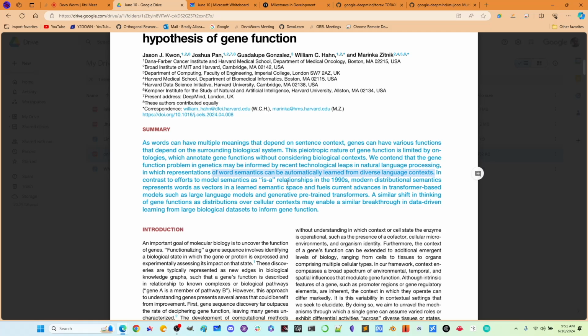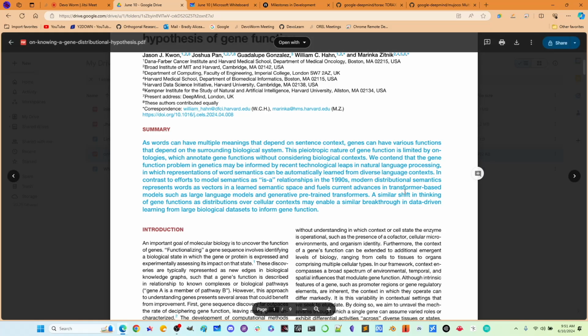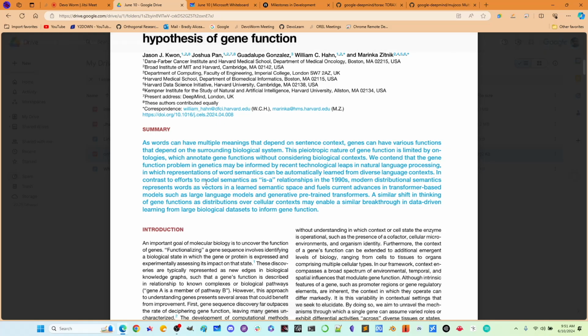And so we want to develop a sort of biosemantics. And of course, this idea of biosemantics is old. It predates the Human Genome Project or any genome sequencing, but it's something that we can draw from for this research as well. So, in contrast to efforts to model semantics as is-a relationships. In the 1990s, they were using these is-a relationships, which means that maybe a gene is a blank.